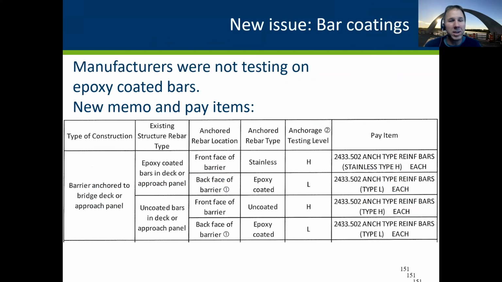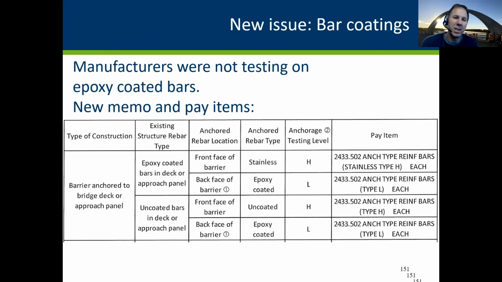And when contacted, they said, look, we don't do testing on coated steel and we're not going to guarantee it. So in 2017, we were all up in arms. What does it say about us as a state if we've been anchoring epoxy coated steel and we don't have a manufacturer abiding by their test values?